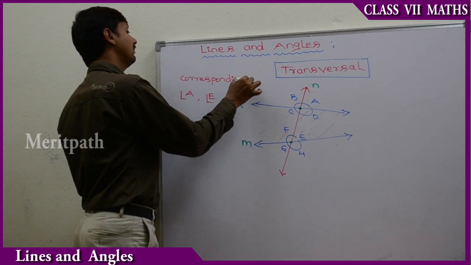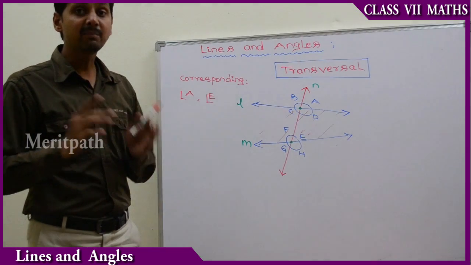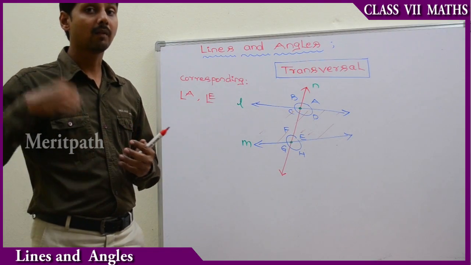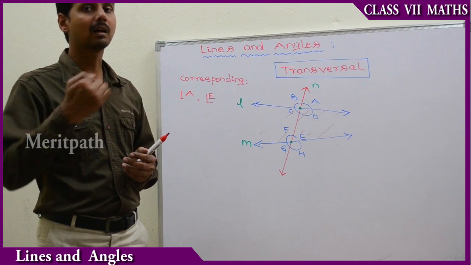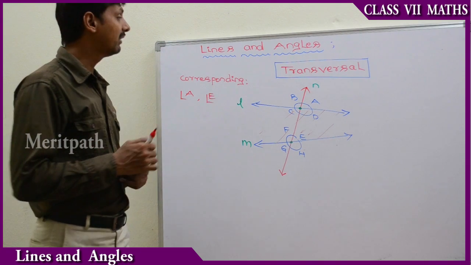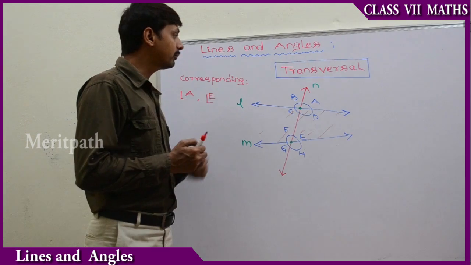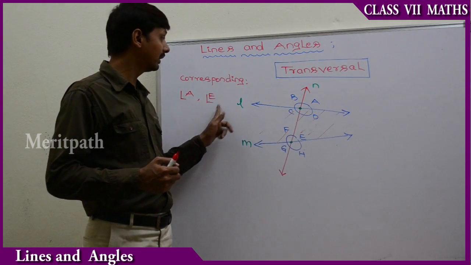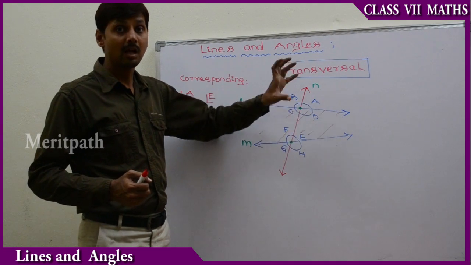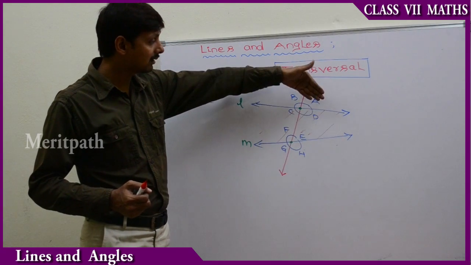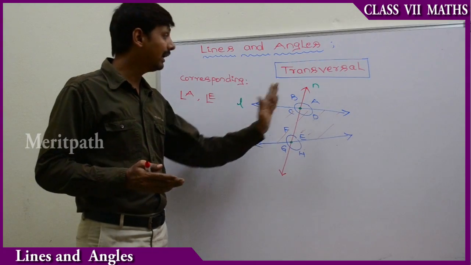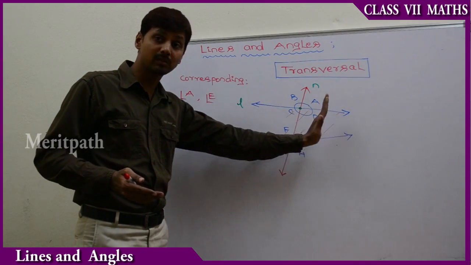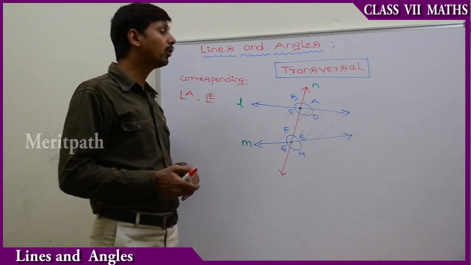Let's discuss again. At the same side of the transversal, one angle is interior and the other angle is exterior. Angle E is interior, angle A is exterior, and they are both on the same side of the transversal line. So we call them corresponding angles.